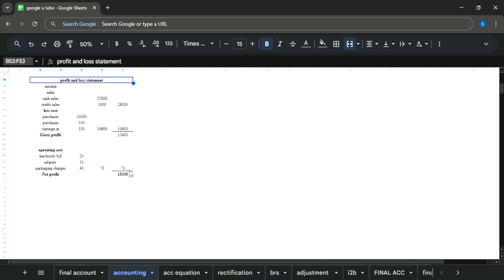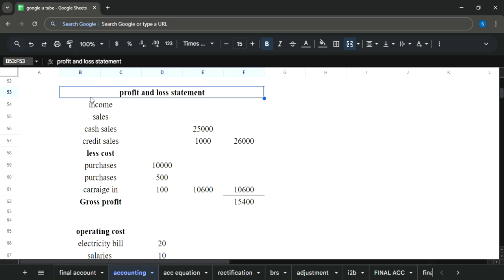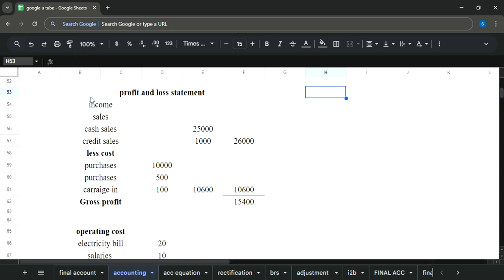So you subtracted indirect expenses as well from gross profit. Finally you have got your net profit. So this is first stage of your calculation of profit ended.